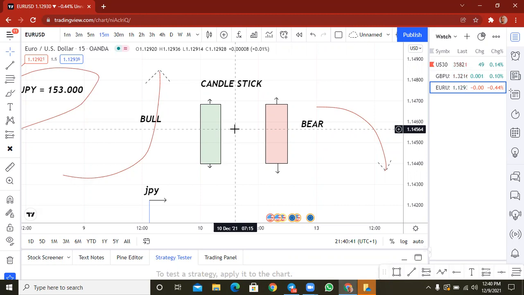This is not about any pair or whatever, but this is a normal rule in forex. So talking about the bull candle, as you can see, I've explained that it signifies an up move. So ask yourself, where does the bull candle open from and where does it close?